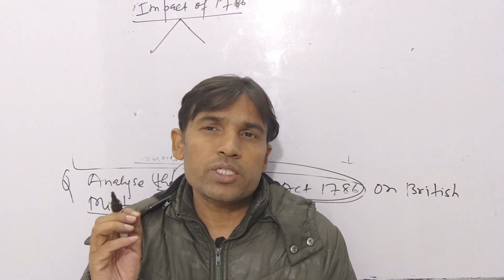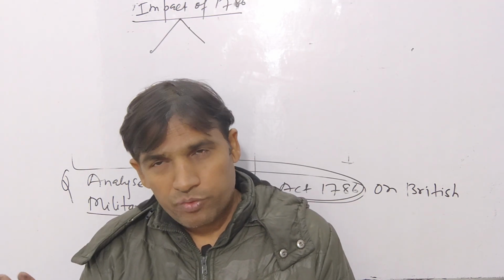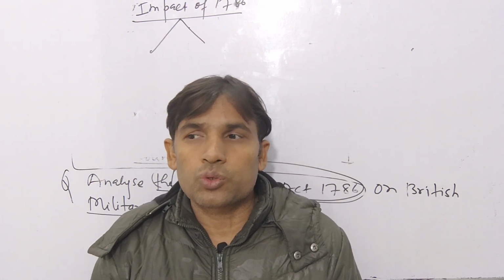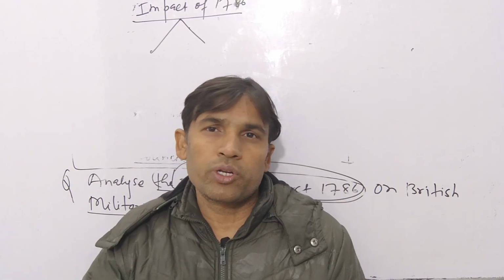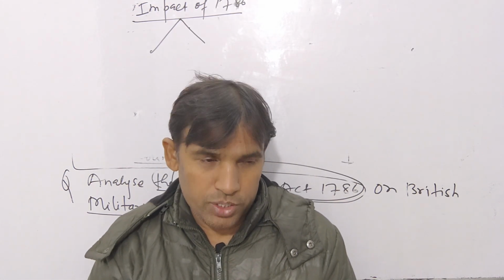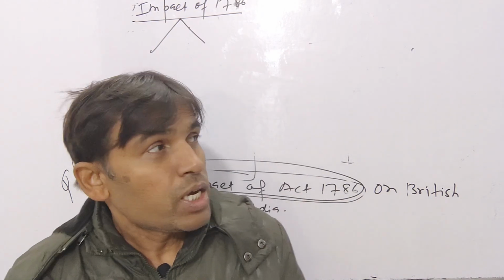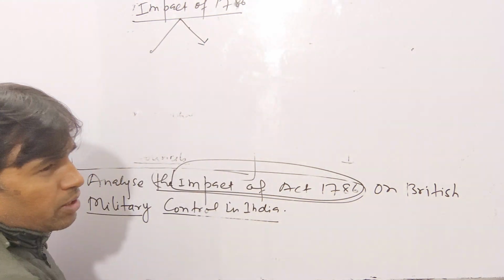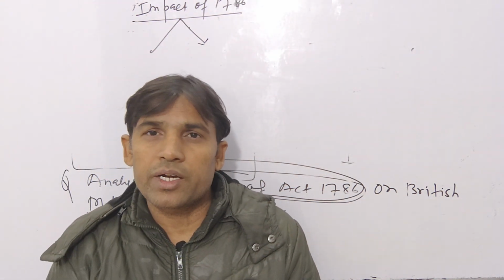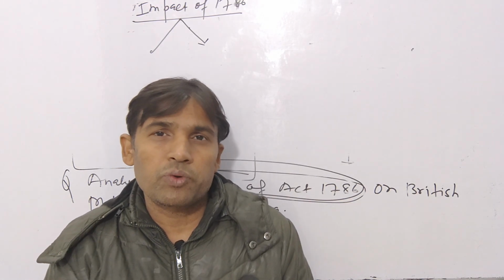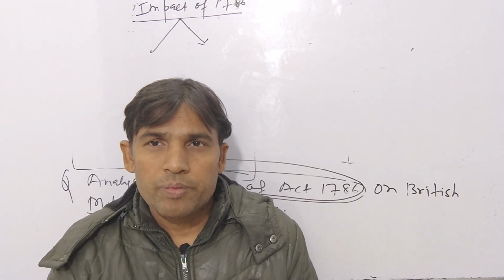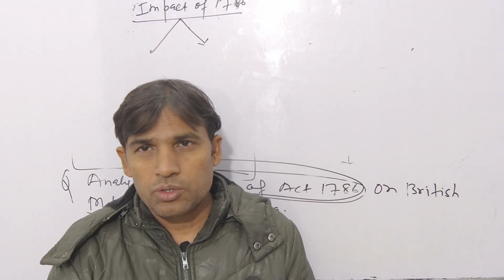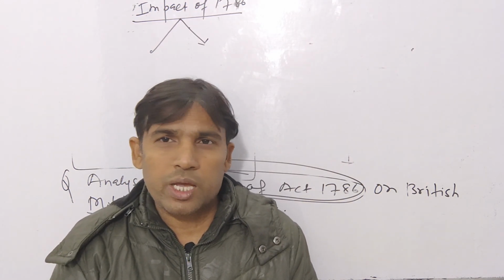The second point is that once they fought and won the battles, it helped them garner more and more area and assimilate it into British provinces, or under the company. And since Lord Cornwallis, in the 1790s, basically in 1793, came to know that they had strengthened their military lines, won the war, and begun to rule India, he established a permanent settlement through which a zamindari system was established in India.